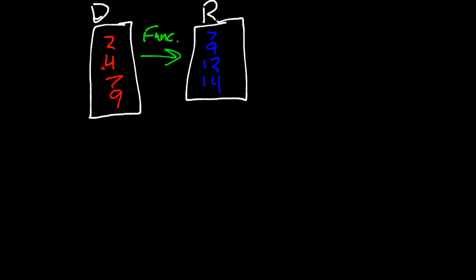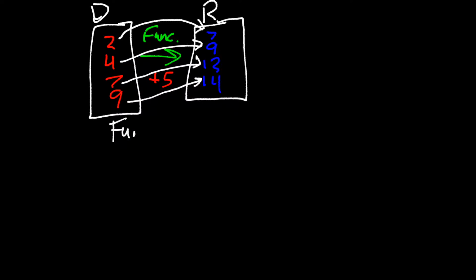And here, I put in 2, it goes to the function, I output 7. I put in 4, it goes to the function, I output 9, and so forth. So in this function, it's really just adding 5. And every domain partners up with its own range. That's how we know that this is a function.